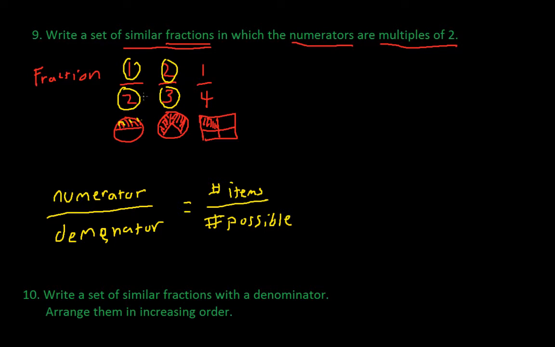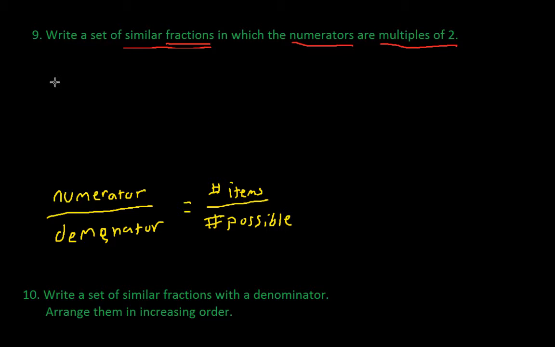So if you take 1/2, the denominator is 2, and if we have 2/3, the denominator is 3. Those are not similar. But if we have 1/2 and something like 2/2, then those are similar fractions. So all that's important for similar fractions is the denominator is the same.